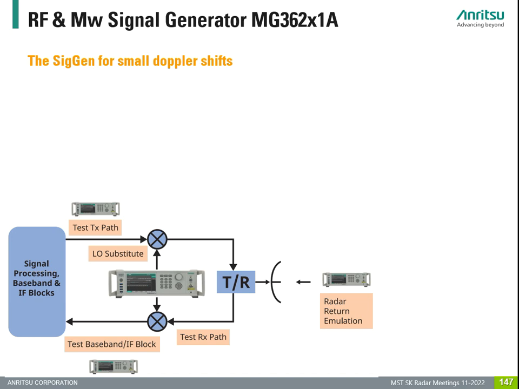Insufficient signal generator phase noise behavior might shield Doppler shifts that are very close to the carrier. Here, it is essential to have a signal source with premium phase noise behavior. And here in our case, it's again the MG362X1A.